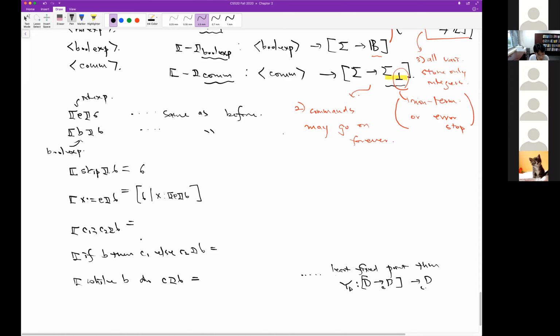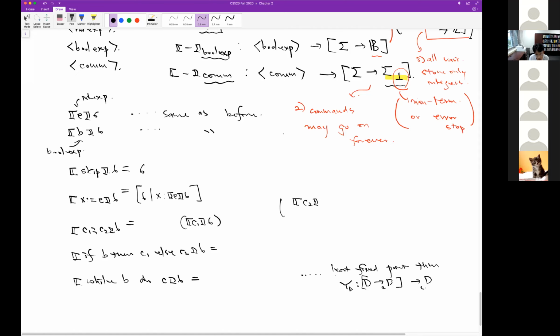Now for sequential composition, we can use the lifting operator that we defined before. We first run C1 on sigma. This output may be either some state or bottom. On the other hand, the semantics of C2 is a mapping from sigma to sigma bottom.